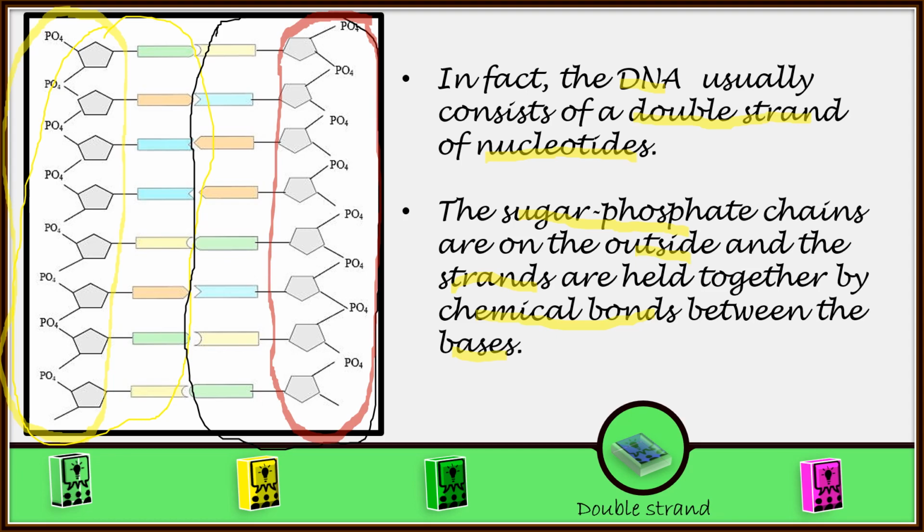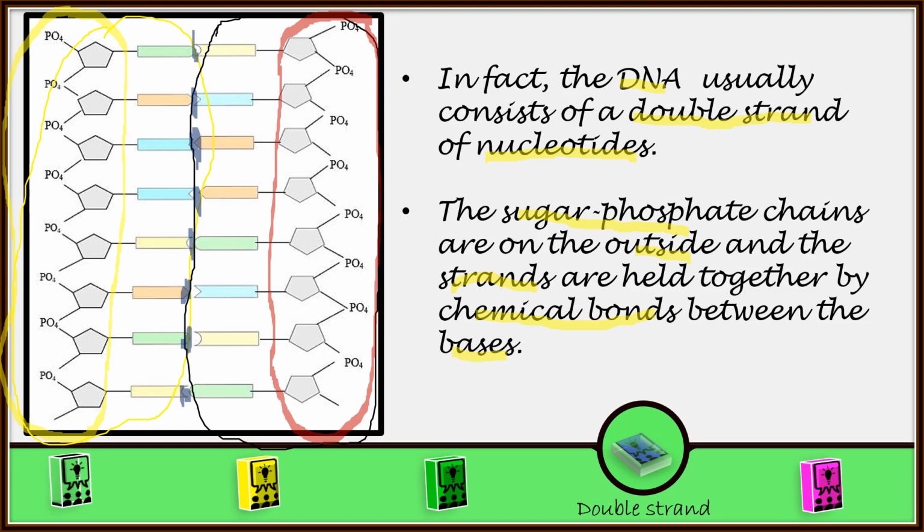Now these two strands, this strand and this strand, they are held together by a chemical bond between the bases. Now we have a bond there, that is a base and a base bonding there. We have a bond here, we have another bond. Those are bonds, and those bonds are between the bases.